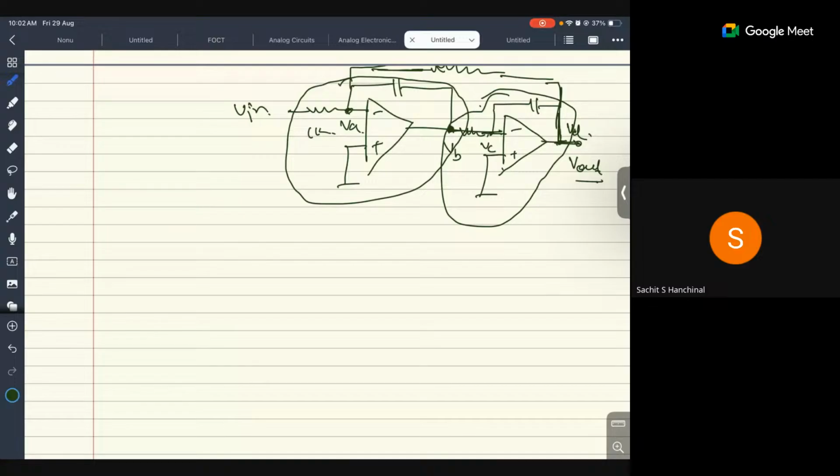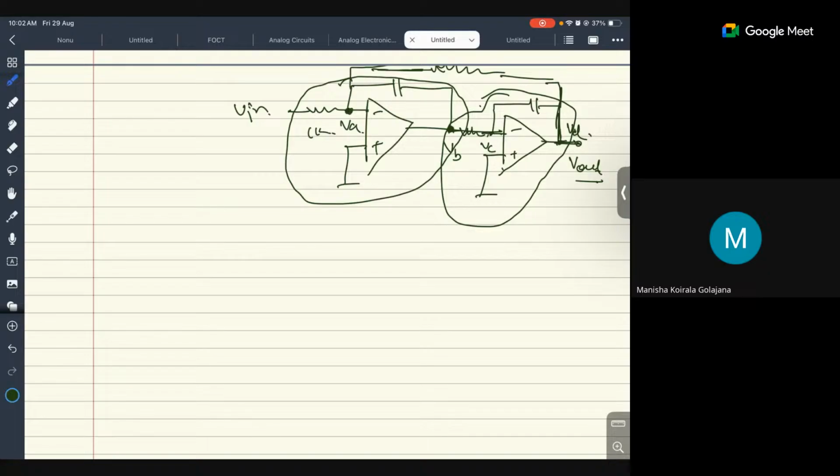Which type of filter is this? R connected in series and C connected in parallel. Low pass, sir. Low pass.